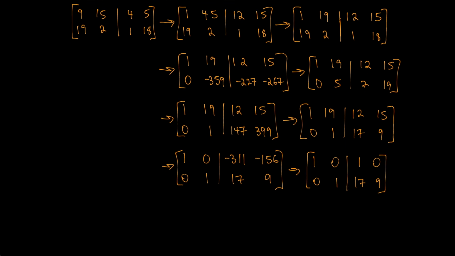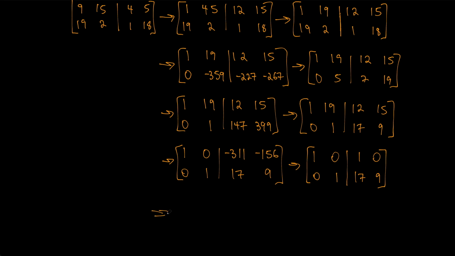So that gives me my inverse matrix. That means that A inverse transpose must be equal to 1, 0, 17, 9, and therefore I just have to take the transpose and I'll get A inverse. So that'll help me decipher this code.